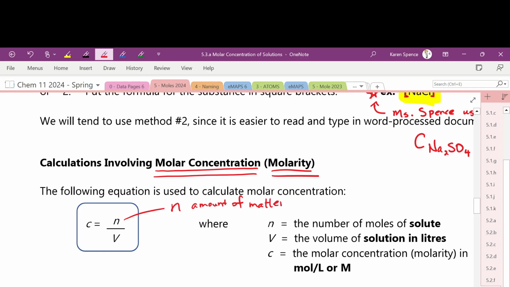And what's the unit? This is way back from unit 1. The unit is moles. So n represents the number of moles. If you're finding the concentration, you put the number of moles on the top, and you put the volume of solution, which has to be in liters, on the bottom. And then concentration is equal to moles per liter.